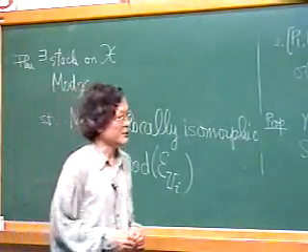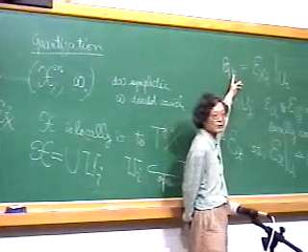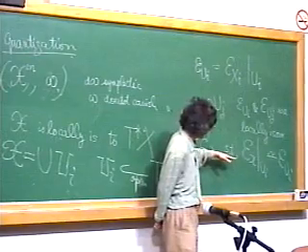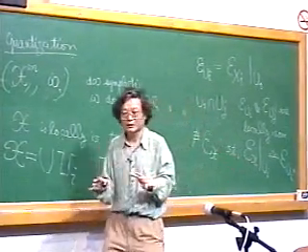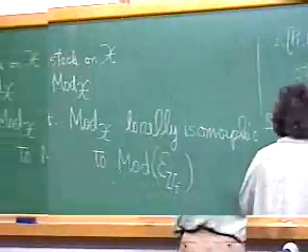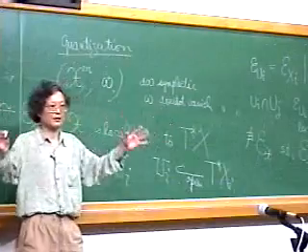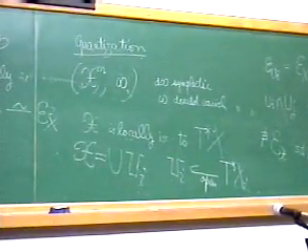So it means you cannot patch those sheaves E_Ui together. It's impossible in general. You need some obstruction. But the category of modules can be patched together. And that is canonical. Canonical means if you have two symplectic manifolds and if you have symplectic transforms, then you can define canonical transforms. So that is canonical.